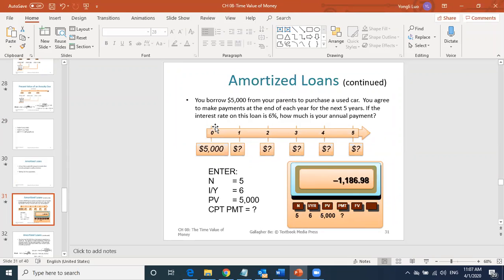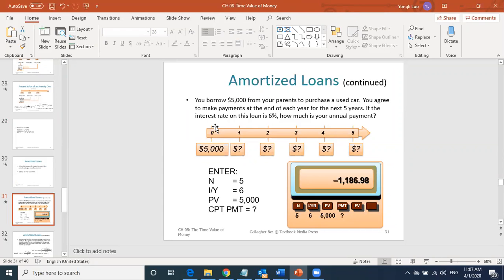At the beginning, you pay a lot more interest than principal.